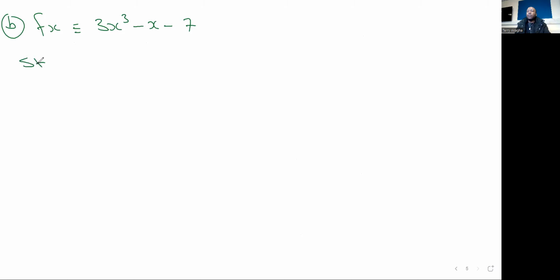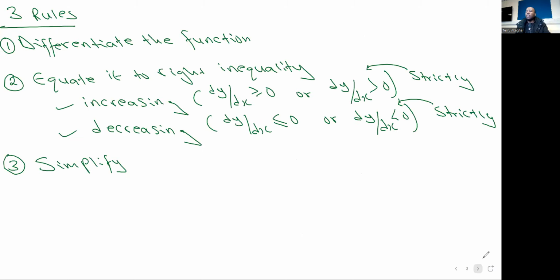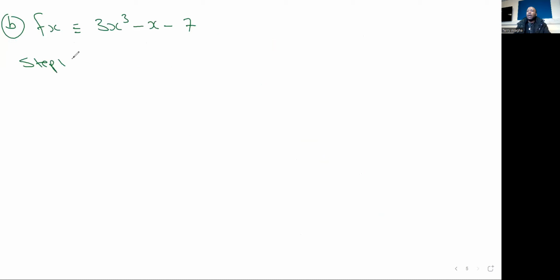Okay, so step one, which I believe is that we have to differentiate the function. We know y is equal to 3x cubed minus x minus 7. Differentiating this polynomial gives us 3 times 3, which is 9, x squared minus 1.